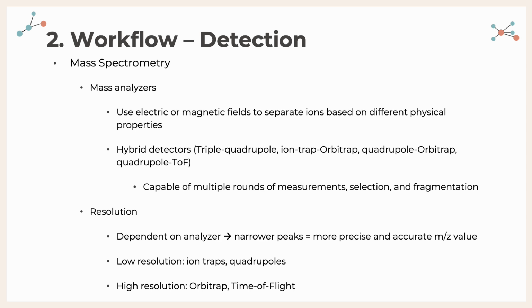And they are essentially the source of the resolution. So the type of detector you're using, or the mass analyzer, essentially determines how accurate or how precise your measurements are going to be. And just a note there, narrower peaks from your mass spectra equal a more precise and accurate mass to charge value. And at the very bottom, we have low resolution detectors and then high resolution detectors.